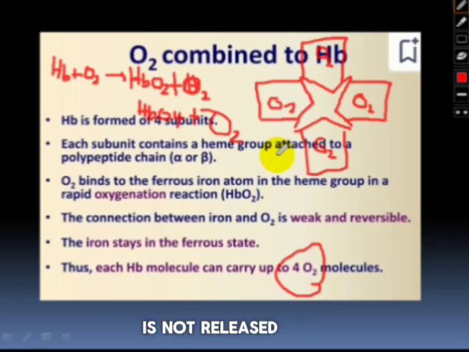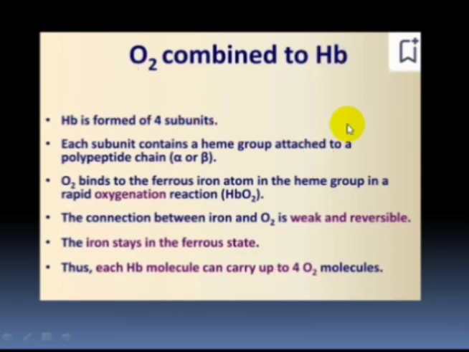Because if the oxygen is not released and it continues to bind with hemoglobin, then the cells and tissues will lack oxygen. Did you get it? Don't worry, we shall get to that under the oxygen hemoglobin dissociation curve.